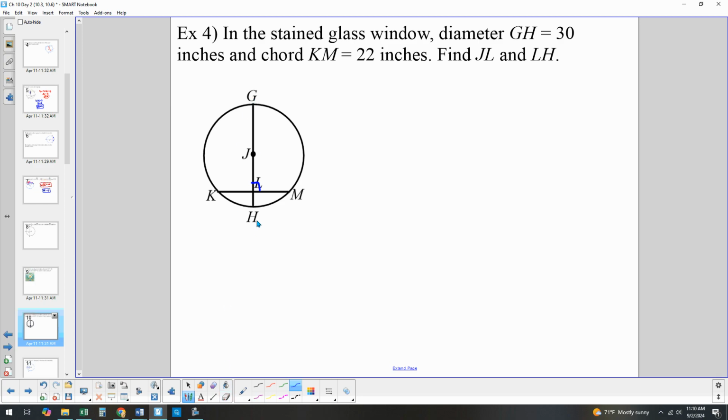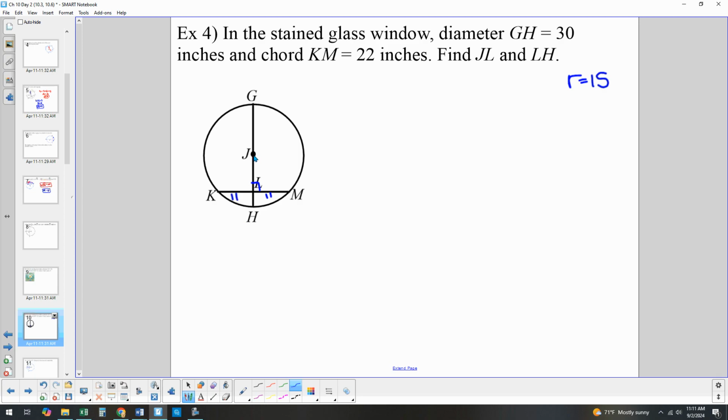The whole diameter GH is 30, but that does tell me that the radius is 15. If the diameter is 30, the radius is 15. We're told KM is 22 inches. Since this chord KM was perpendicular to this diameter, we can assume that the 22 was bisected, so each of those pieces is 11.